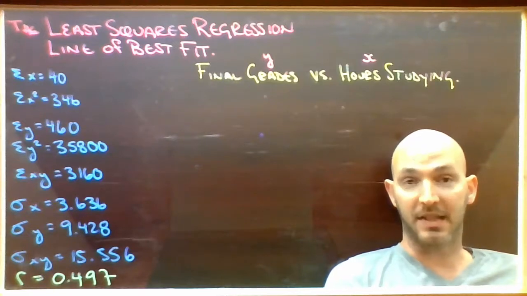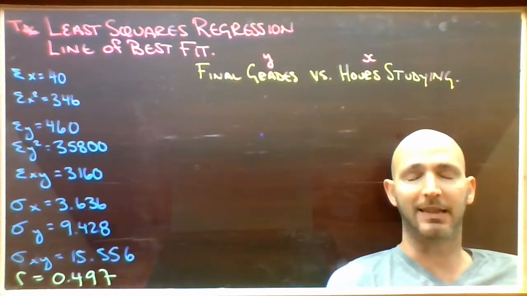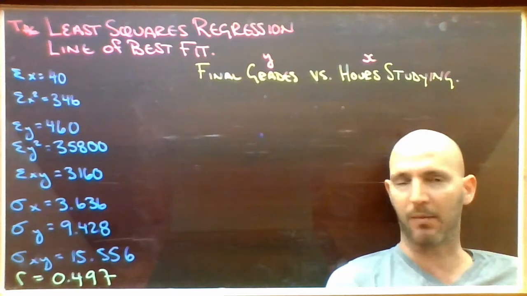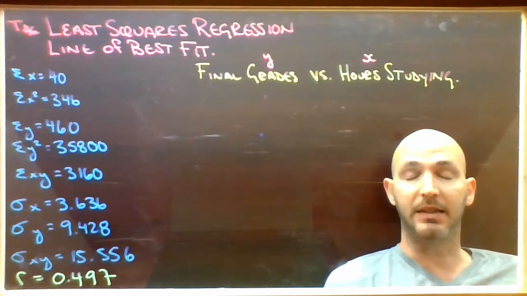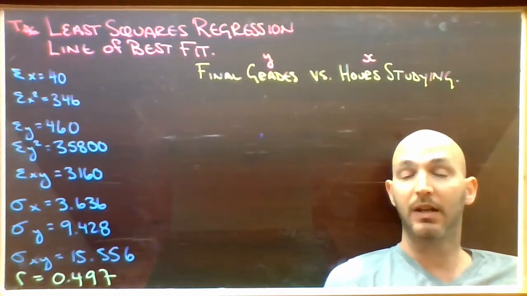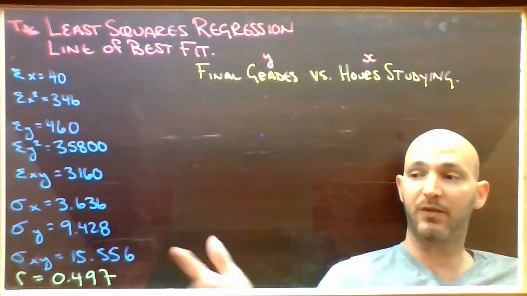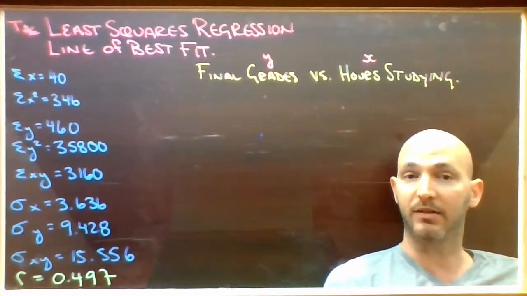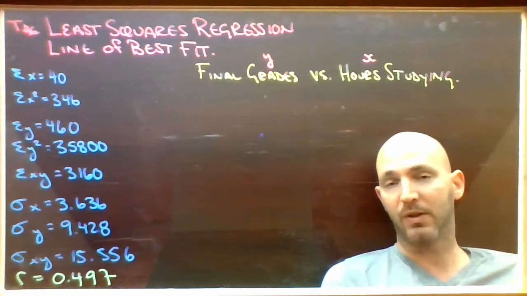So now that we've gotten to this point, you can see from the correlation coefficient that I just calculated that this data is not well represented by a line. I was hoping to get something up in the 0.8, 0.9 range, and then I could say that this model was in fact linear. If you were to take this number and square it, to quote the R² value, you would get 0.247.